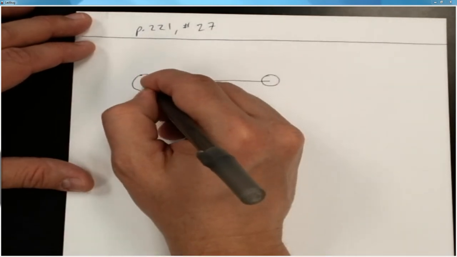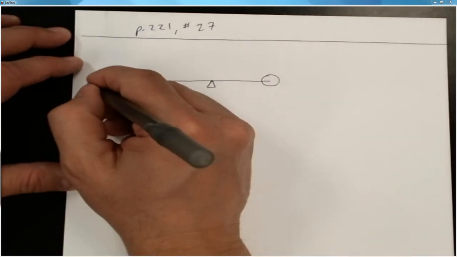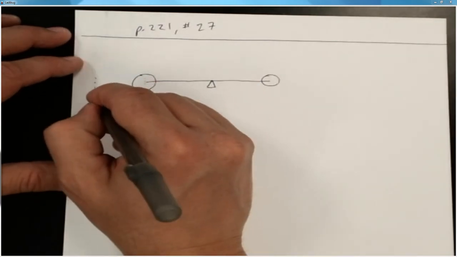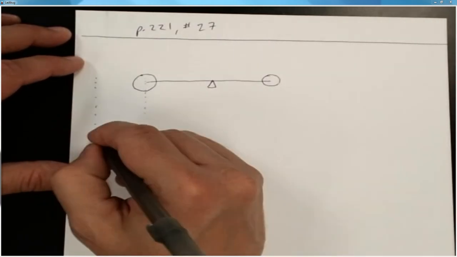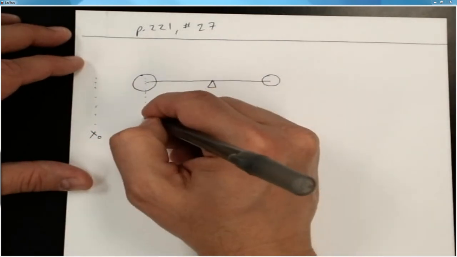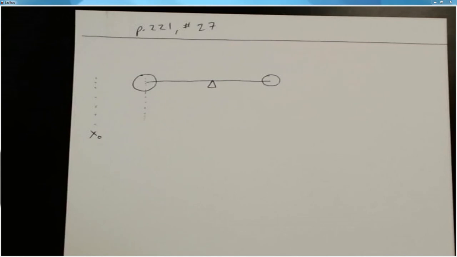First of all, I need to set my origin some arbitrary distance over here. I don't know where my origin will be, but let's just put it arbitrarily over here. We will call my origin x sub 0. Then, let me look back at the diagram so you guys can see it.